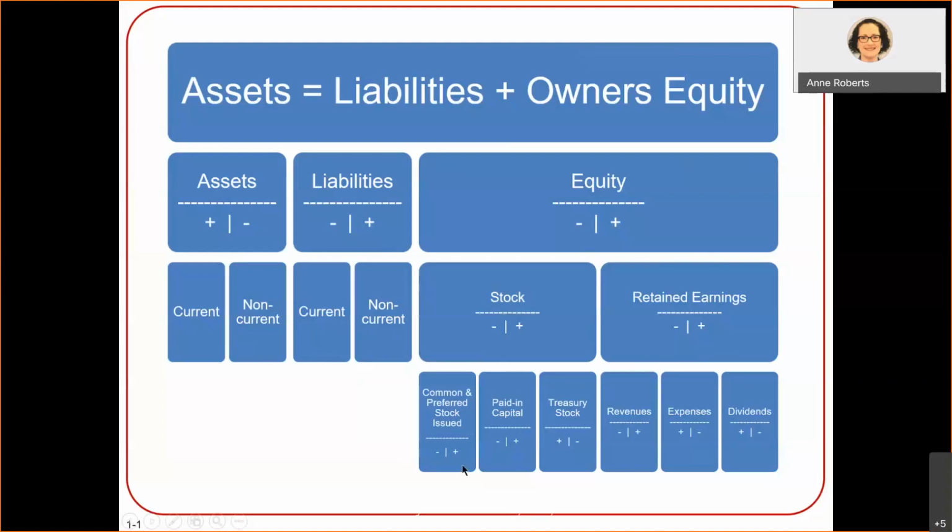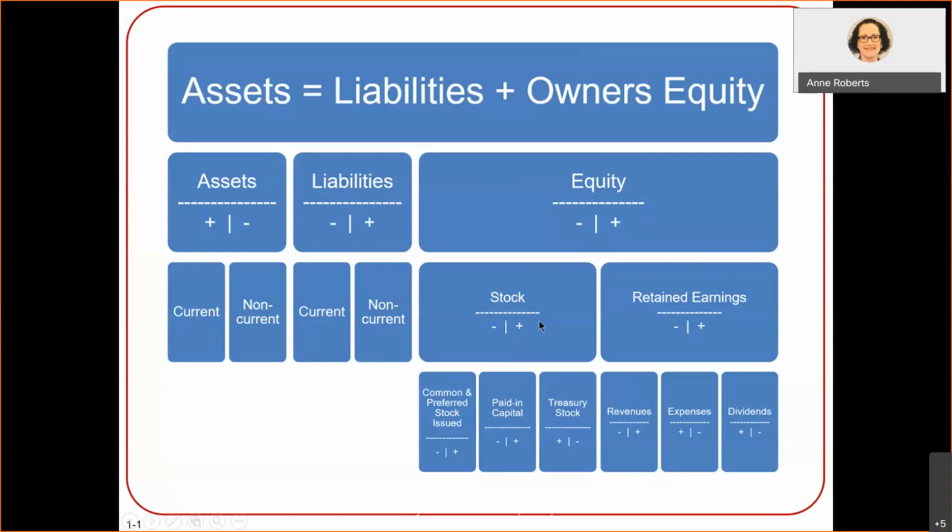So if we put something in a common stock account, it increases stock and it increases equity, because all of this rolls up into equity, here at the top of the pyramid, if you want to think of it that way. So again, in chapter 2, we dealt with these pieces right here: assets, liabilities, and stock. That's it.